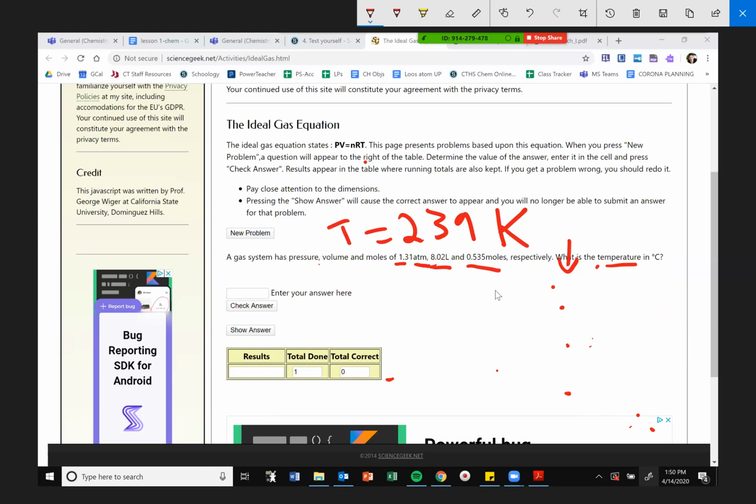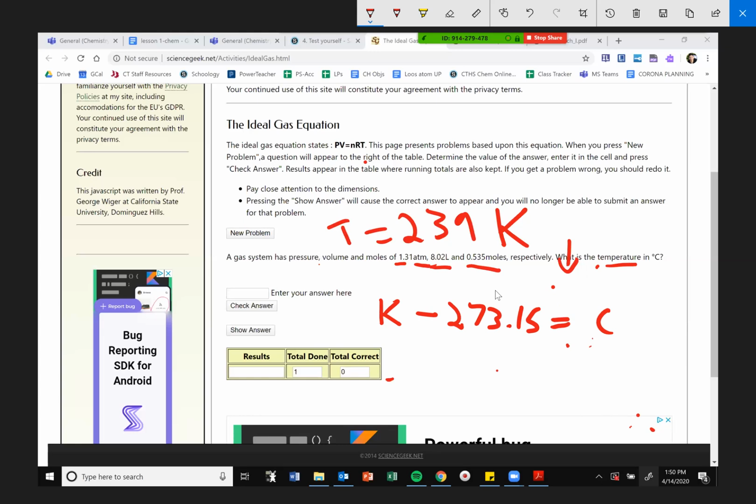And so we know that our temperature in, let's say we want degrees Celsius, well, it's Kelvin minus 273.15 equals my temperature in Celsius.